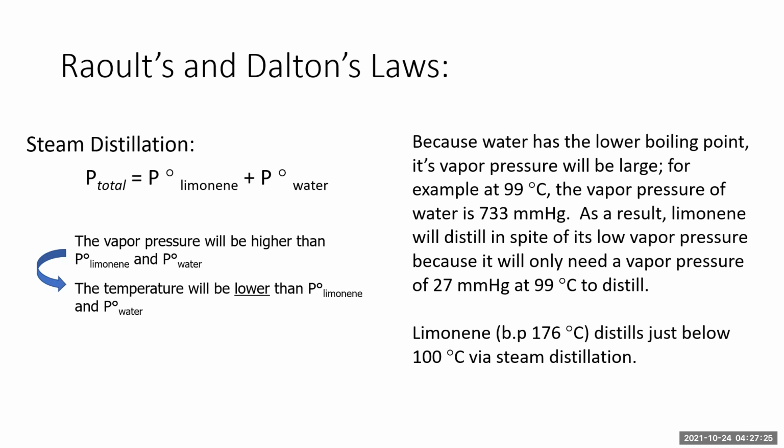So what we saw is that because the two vapor pressures are additive and the vapor pressure is not going to be dependent on mole fraction with immiscible liquids, the vapor pressure produced by the mixture will always be higher than the vapor pressure of both components separately, which means that the boiling point of the mixture will be lower than the boiling point of limonene and water.